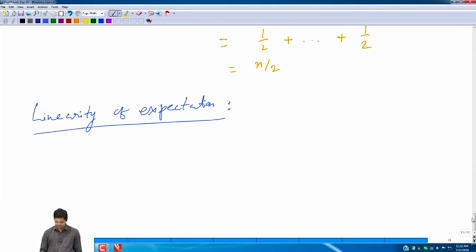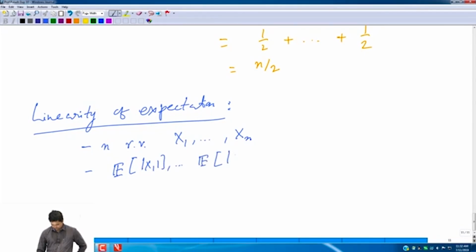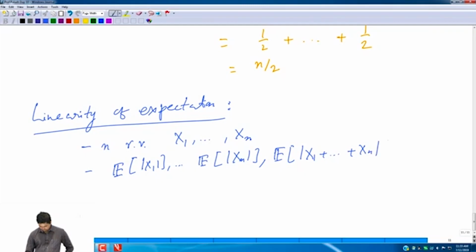That if you have n random variables, and their expectations exist, expectation of x1 and so on, these expectations exist, also the sum, right?